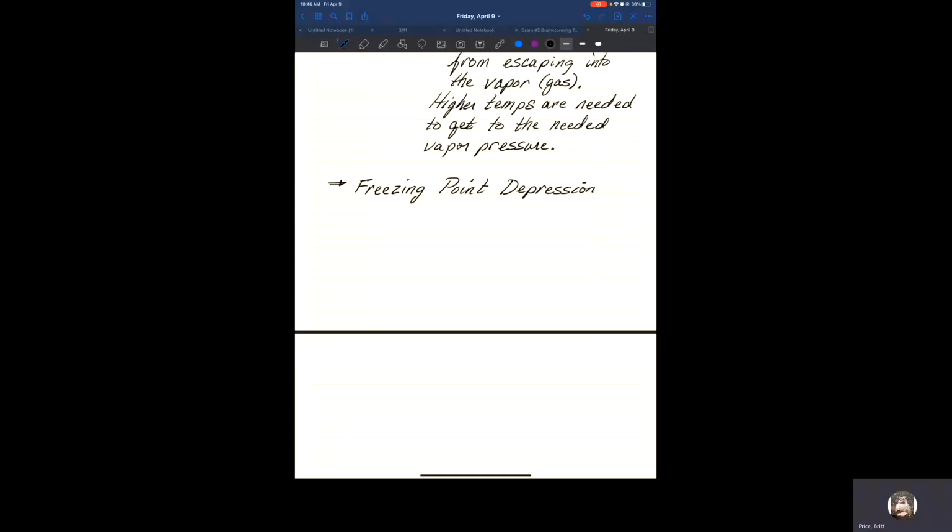Well, then why do we use salt on icy roads and sidewalks? Well, it's to prevent ice from reforming. What? What?